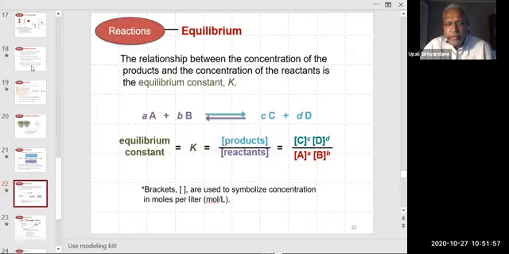This gives the equilibrium constant value. If you plug in the equilibrium concentrations, you get the equilibrium constant. The square bracket with the product or reactant is the concentration expressed in moles per liter. [C] is the moles per liter of C at equilibrium.